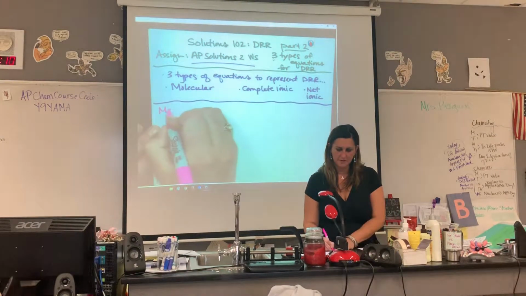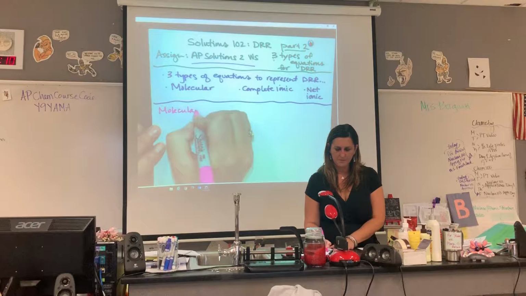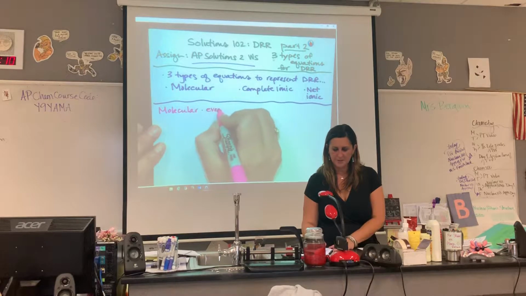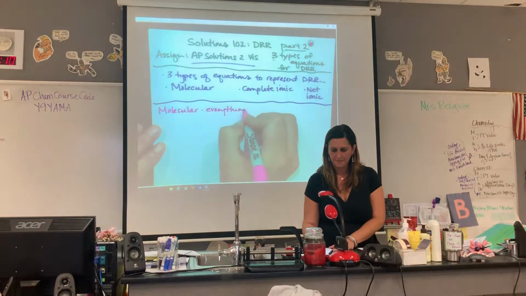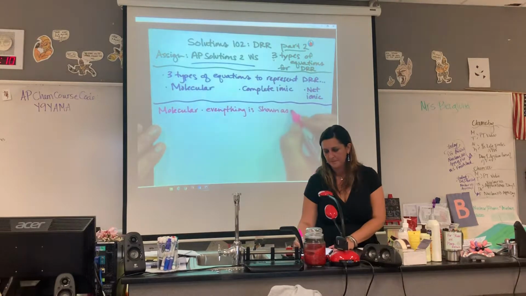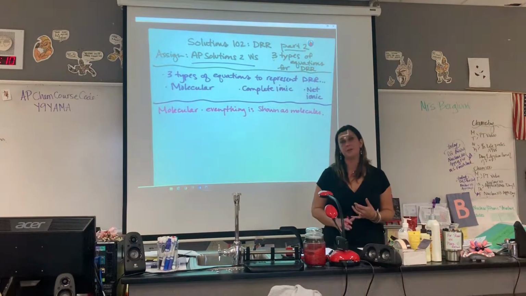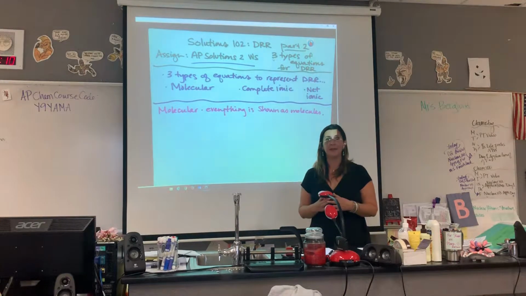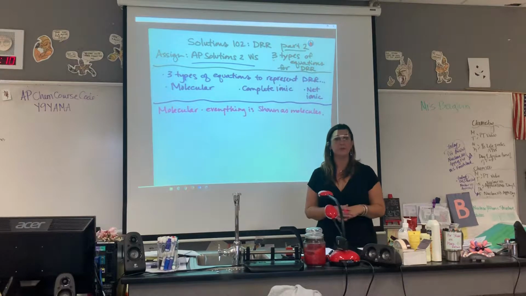So with a molecular equation, everything is shown as a molecule. Okay, so there's no charges shown. All of the ions are shown together. Even if they're aqueous, you still show them together.